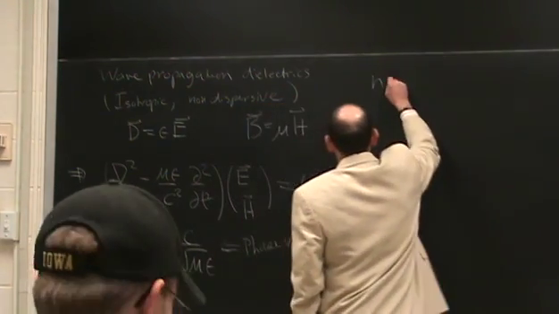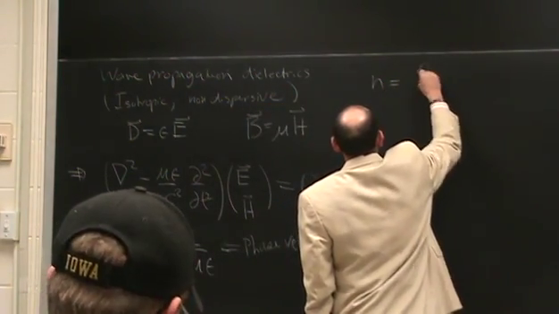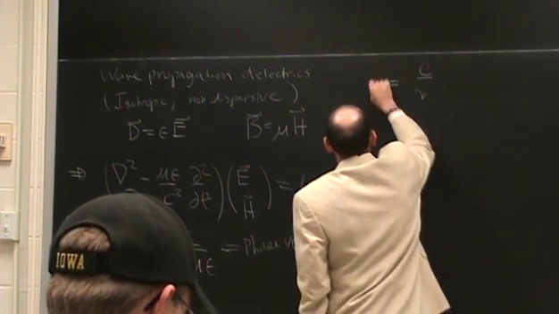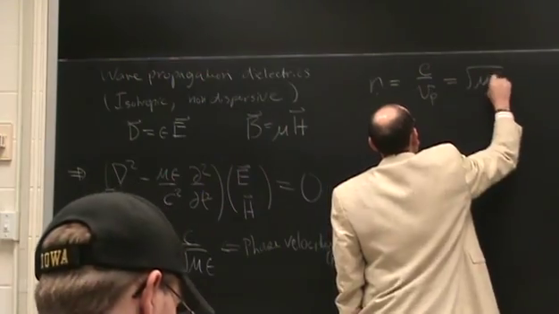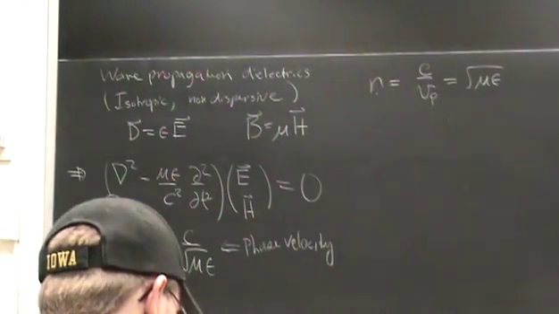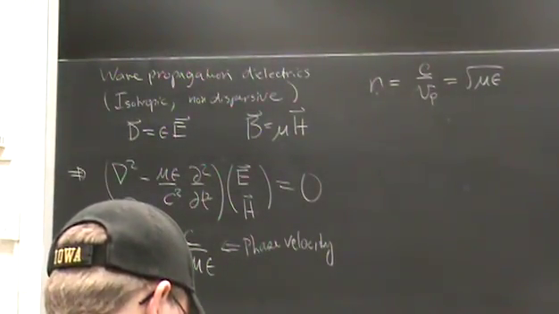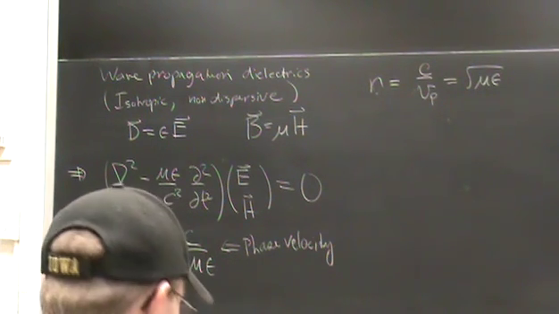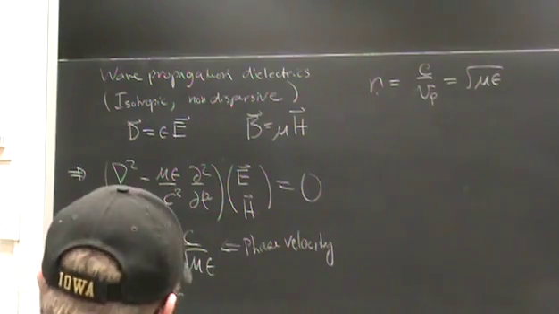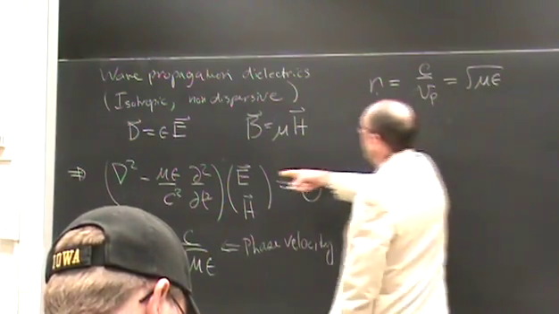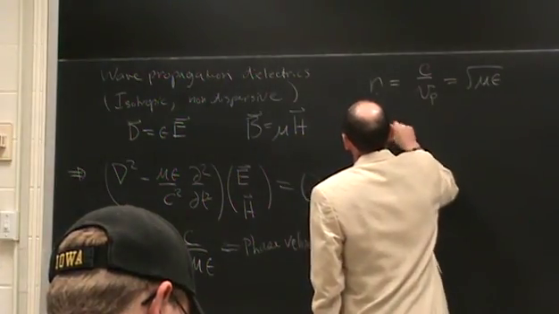And the index of refraction is then determined by the ratio of the speed of light to the phase velocity, determined by those material constants, a familiar relation.